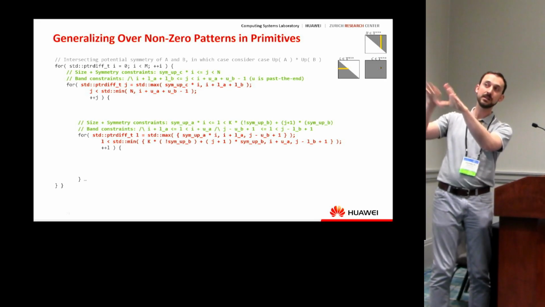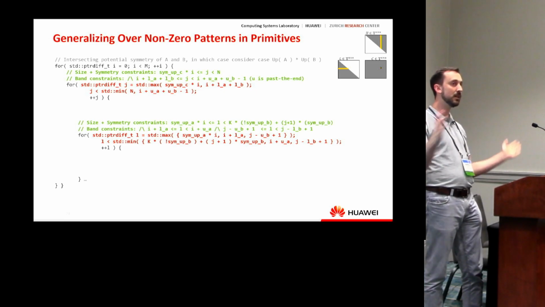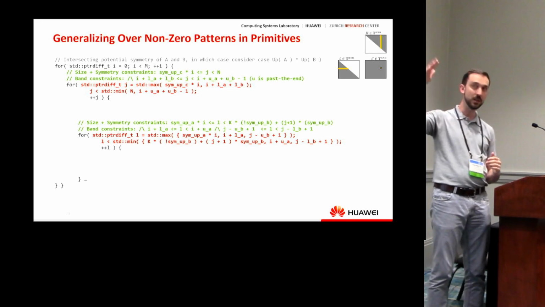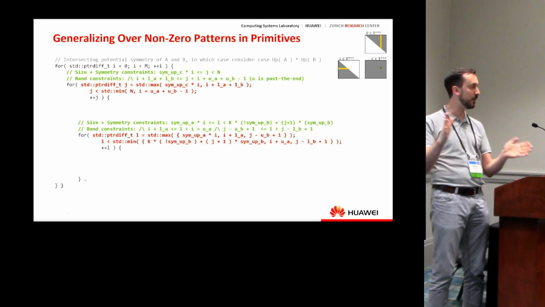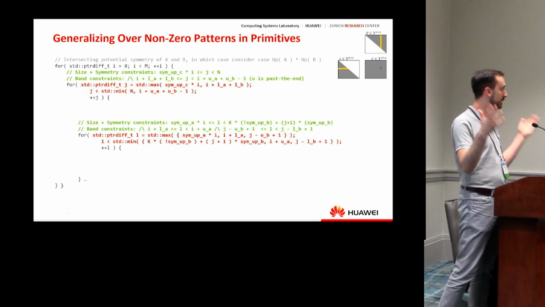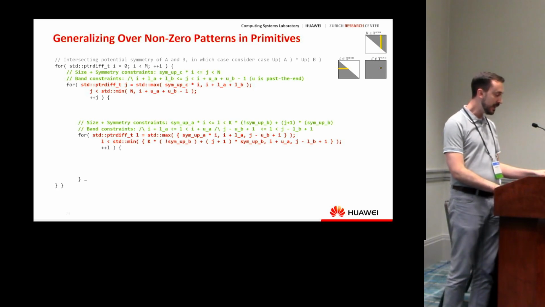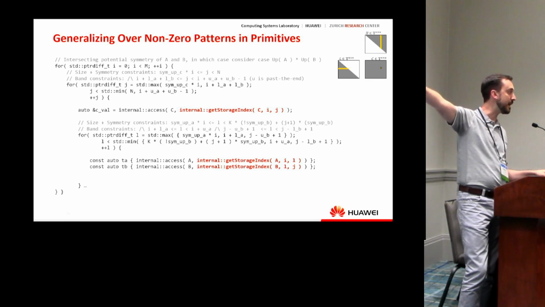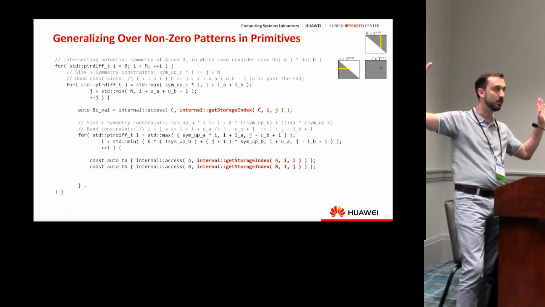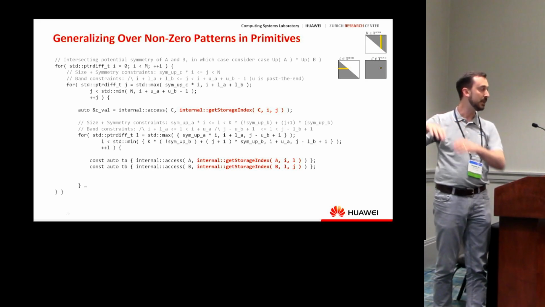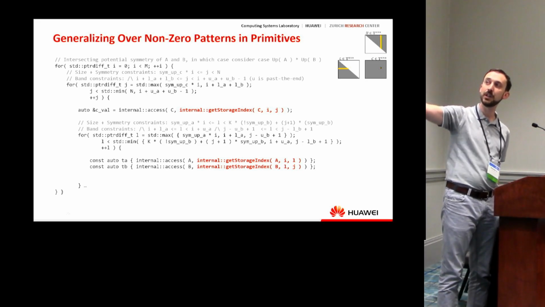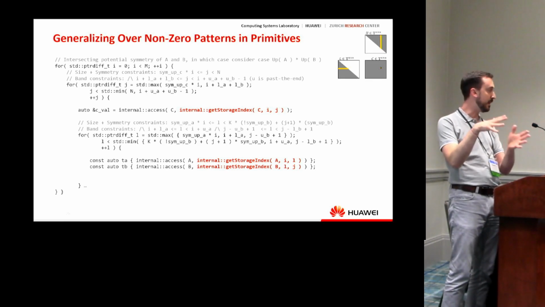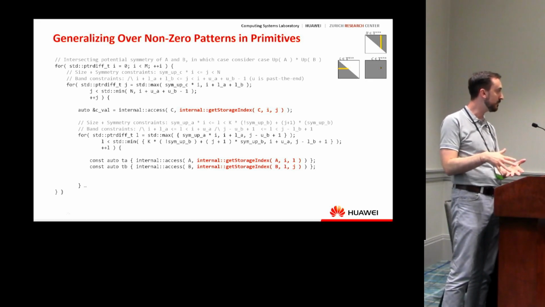And we can plug these into the loop. So the loop will just perform the addition and multiplication needed, right, without touching zero elements, logically speaking. And so the get storage index is, as you can see, the transparent access to the storage polynomial. We don't know what the storage polynomial is, it's plugged in. But we give the ij coordinate that comes from the iteration space carved down by the band's constraints, for example.